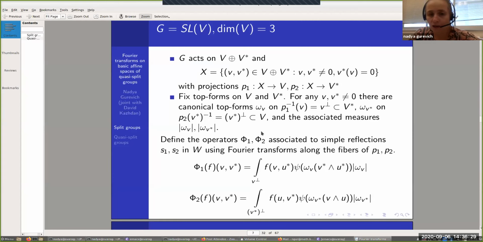And now, in order to show that these operators indeed give us an action of the Weyl group, we must check so-called braid relations. Because S1 and S2 generate the Weyl group modulo braid relations.